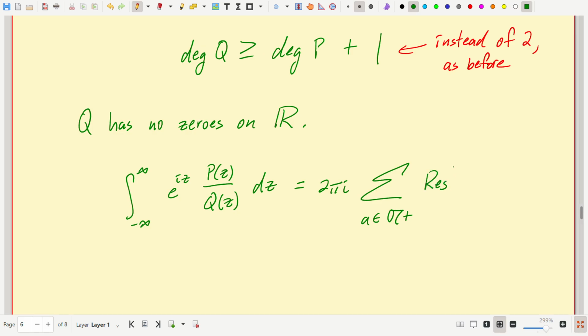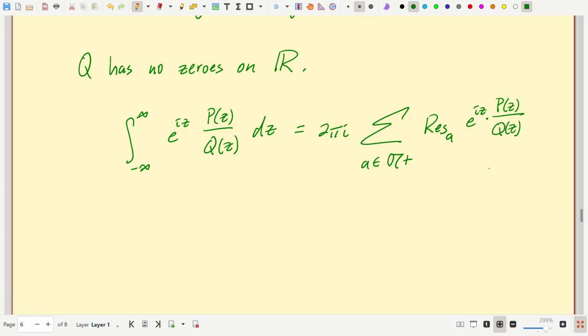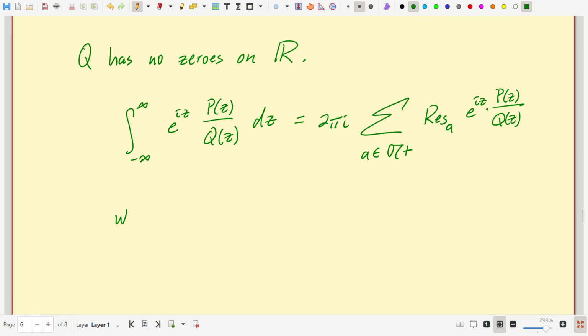Residue at A of e to the i z times P of z over Q of z, where the A plus thing is the set of zeros of Q in the upper half plane.